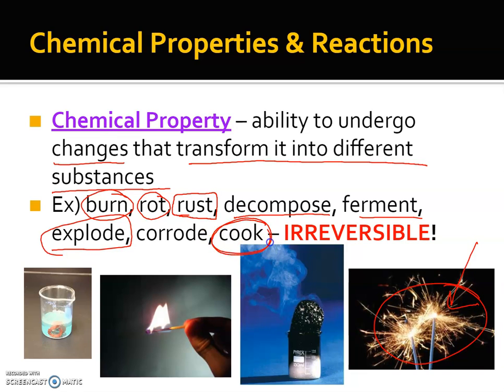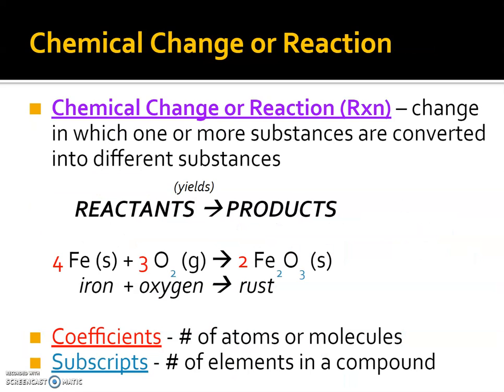If you overcook your eggs or overcook your meat, you can't put it back into the refrigerator and uncook it and make it less burned. They are irreversible, and that is the big difference between a chemical and physical property or change. These things are not going to go back.